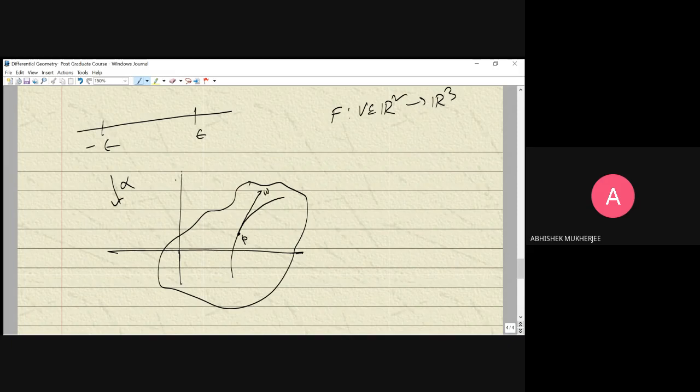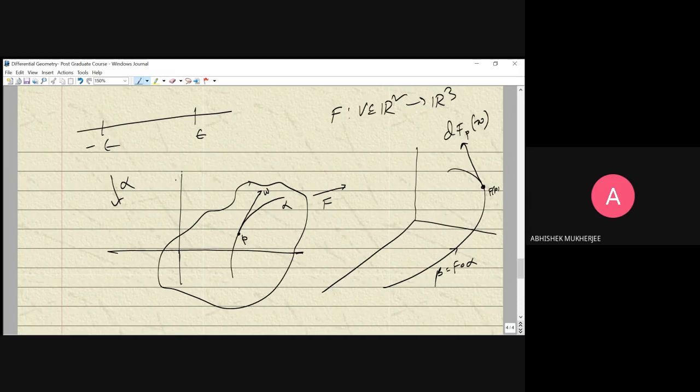Okay. Then this will be mapped by F to the three-dimensional space R3, and this alpha will be mapped to, suppose, one curve here. So this is your beta, that is F composed with alpha, and this P will move to F of P, right? So this is your tangent vector. This is dFp of W. Okay.